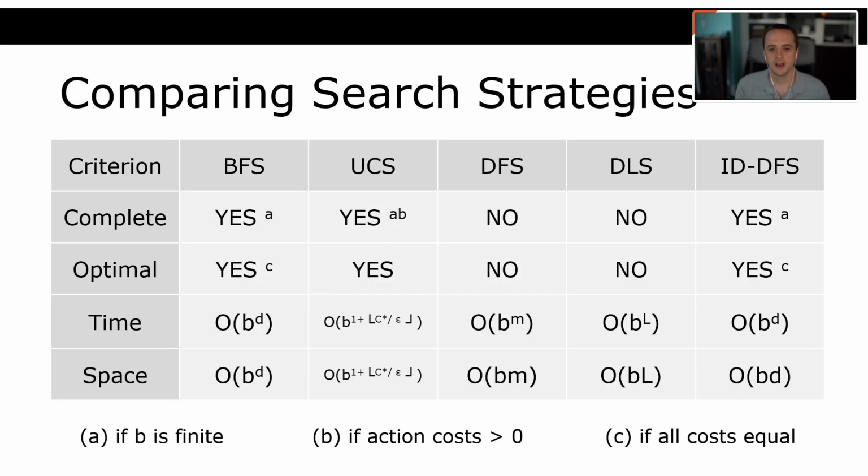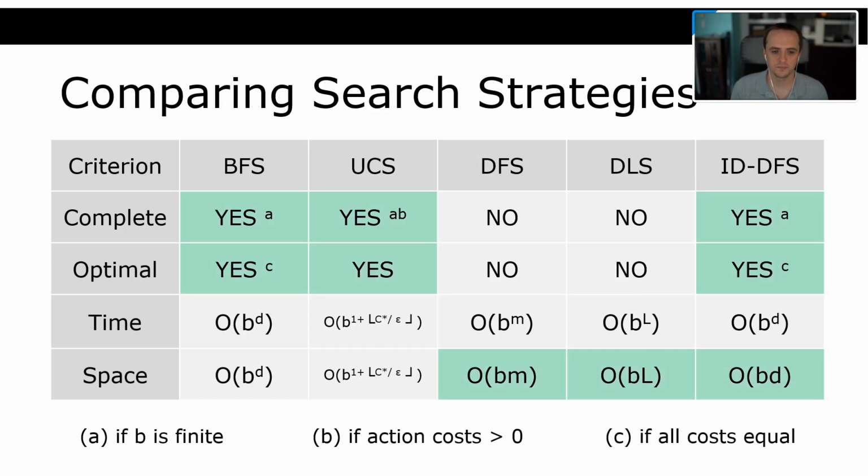If we compare our search strategies, what we have is the following. If it's green, it means it's something that we want. If it's not, it's something that we don't want. Iterative deepening depth first search has good completeness. It is complete, meaning that if a solution exists, it will find it.